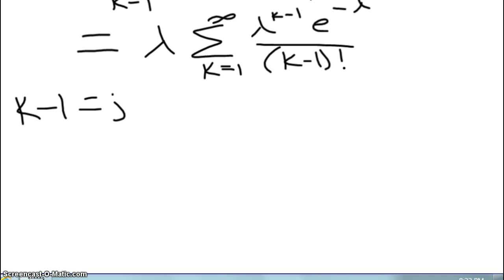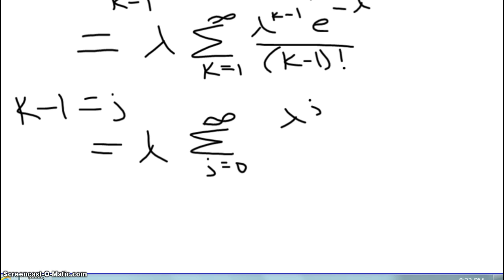So we will get lambda, the sum to infinity, starting with j equals 0, where we'll be left with lambda to the j, e to the minus lambda, all over j factorial.